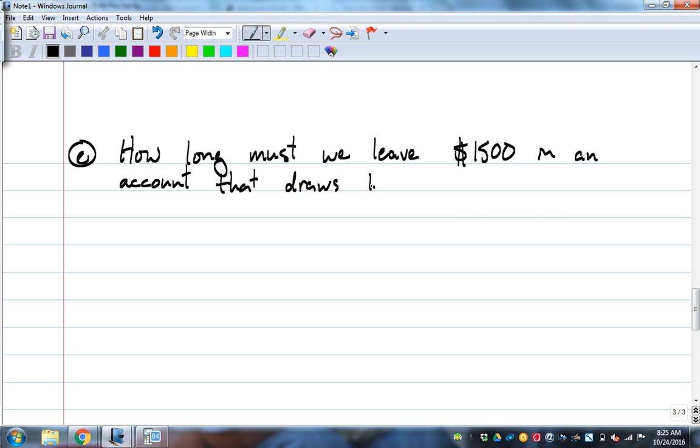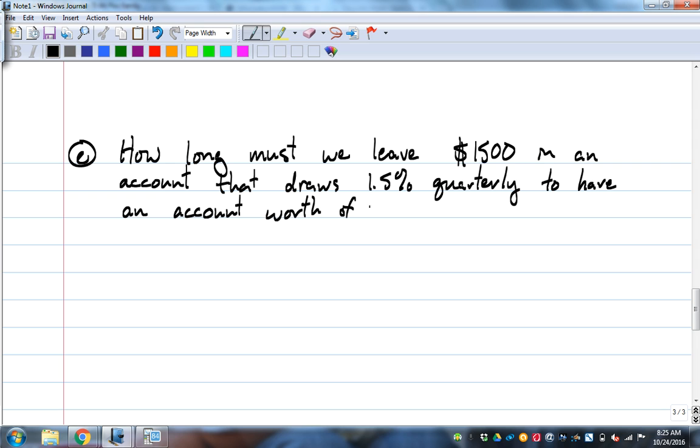It draws 1.5% quarterly. So here we're looking for how long we leave the money there to get $2,500, which is what our account is worth at the end. So really, to earn $1,000, how long do we leave it there?